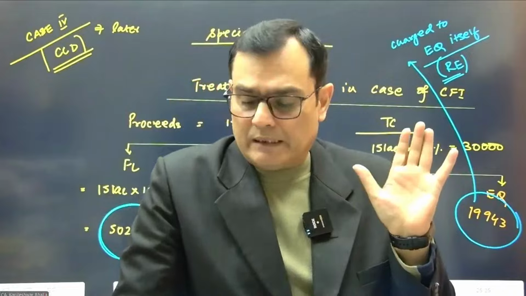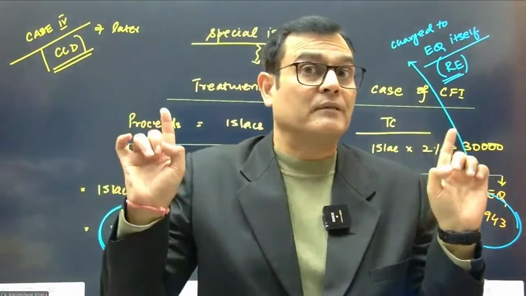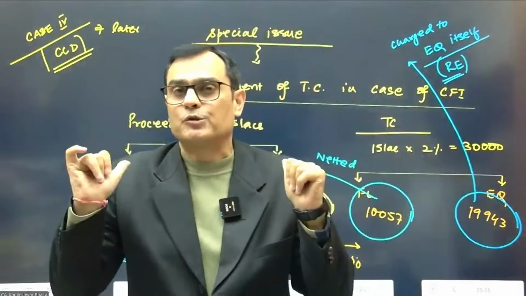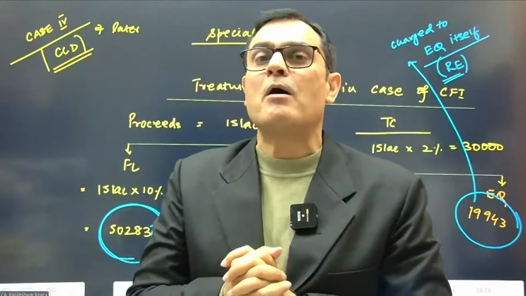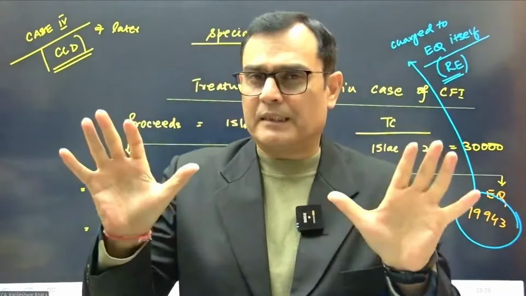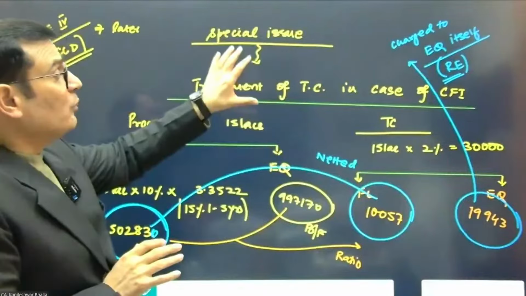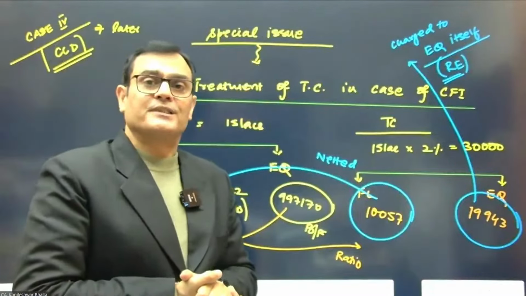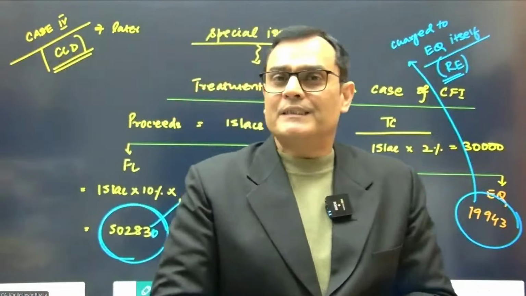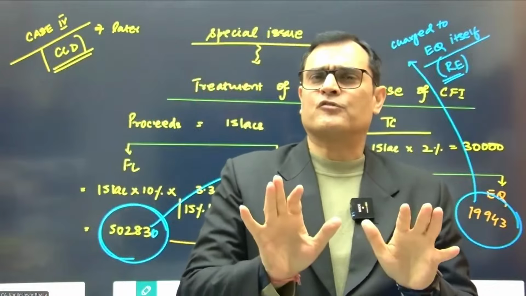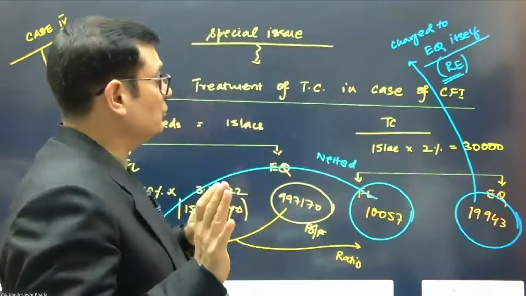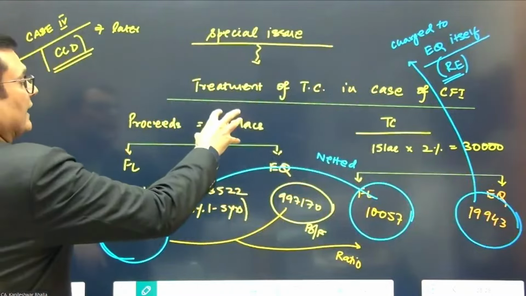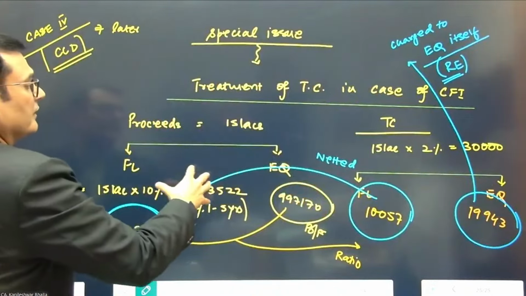So moral of the story, let me just connect the dots. As I said, we're dealing with the case for later. The idea right now is to just give you the treatment of a transaction cost relating to compound financial instruments. When you see that there is a transaction cost relating to a compound financial instrument, forget about it at the initial stage. You will take the proceeds as usual, segregate the FL and the equity.